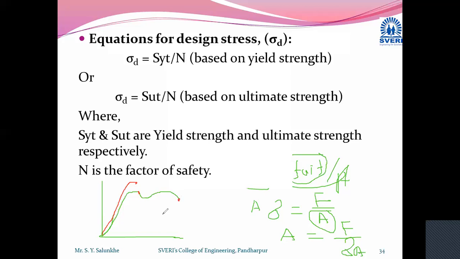Yes, sir. So this is called as ultimate stress, right? This is yield stress, sigma y, or you are going to call it SYT. And this is also ultimate, where that material is going to fail in two parts. Am I right?